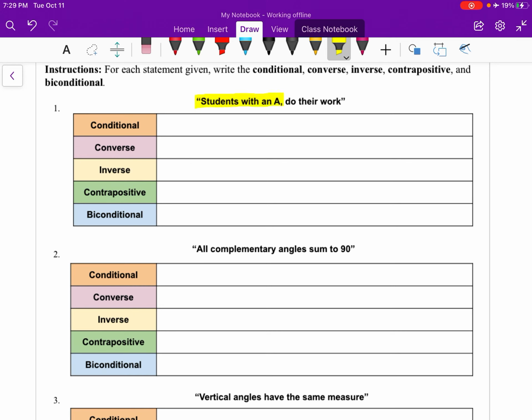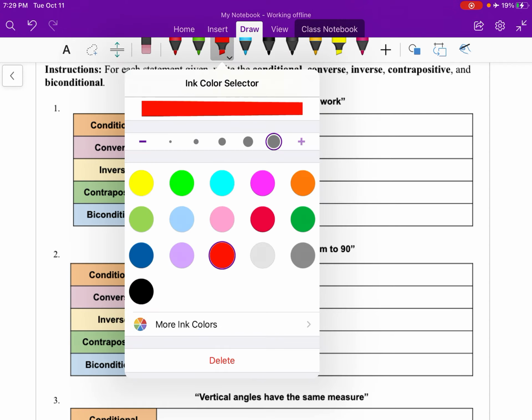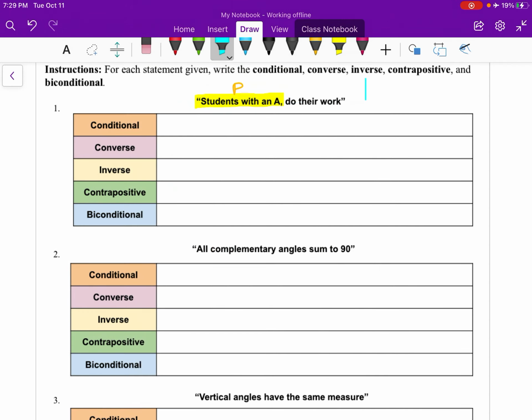So in this case, the words students with an A represents P. The second half of our sentence that says do their work represents Q.